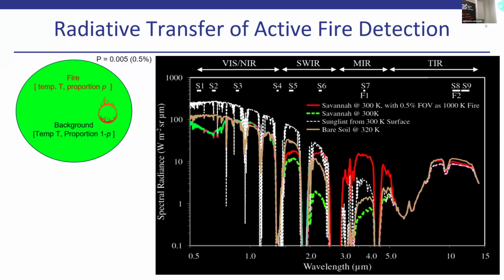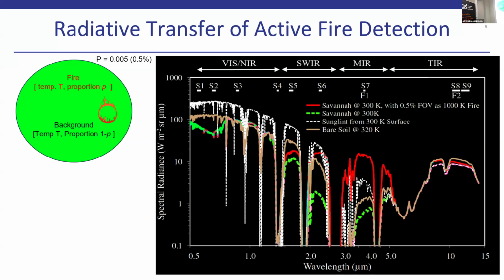Basically, this is vegetation. Okay, that's the red edge there, where vegetation absorbs visible light and reflects infrared. Then you go down here into the short wave infrared and water, and then you have the middle infrared and the thermal infrared. So we've made assumptions of what the vegetation looks like and what its temperature is.